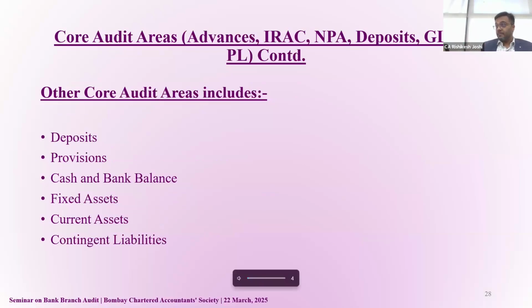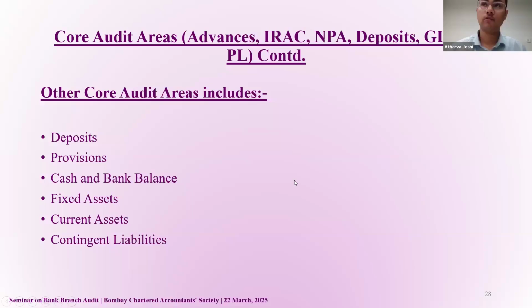If there are any premature deposits, whether the bank has charged penal interest or not. So all these things you will be typically looking at. Even fixed assets, whichever are there at your branch, you will recalculate and see the depreciation amounts. So all these checkings you will have to do. But right now, as mentioned, we are focusing mainly on advances.